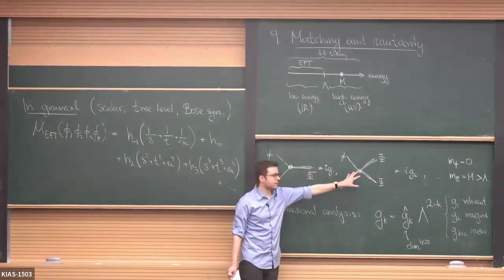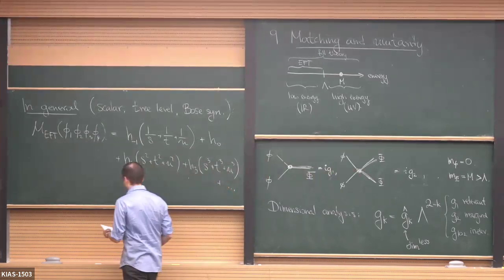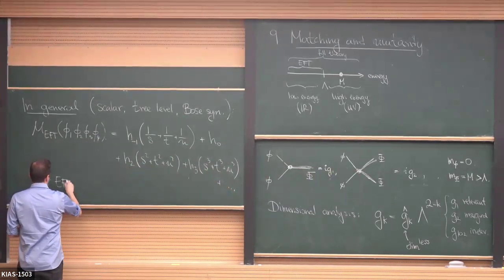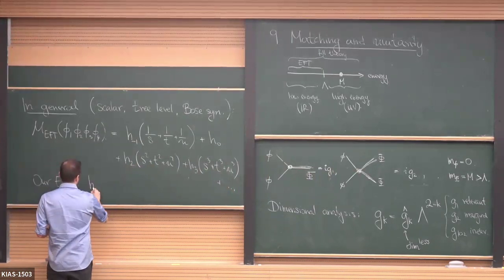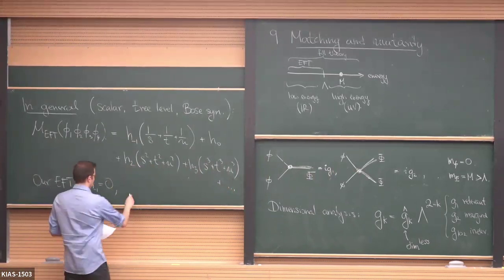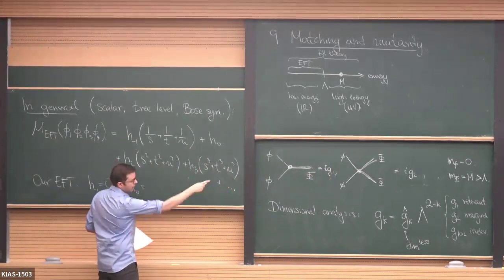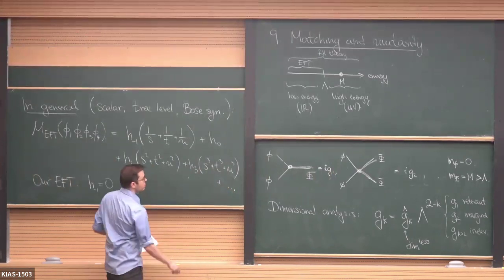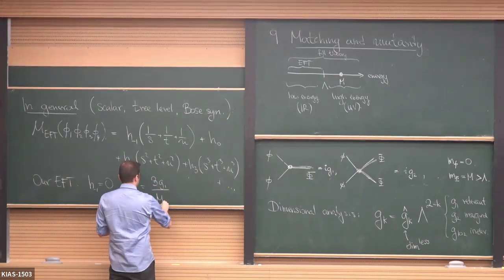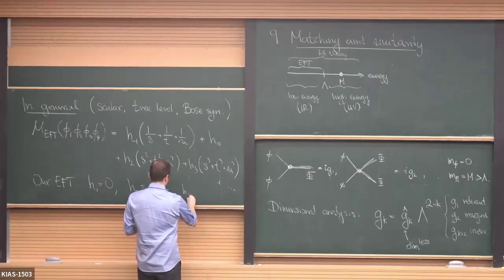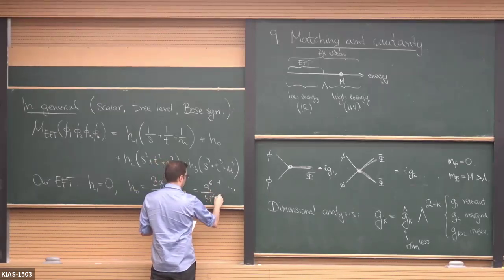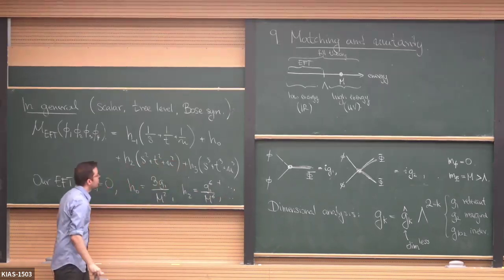This was a specific instance of the effective field theory. In this case, what we had is that h of -1 was 0, right? There was no cubic term. Then h0 was 3 times g divided by m squared. And then h2 was something like this, and so on and so on. All right?